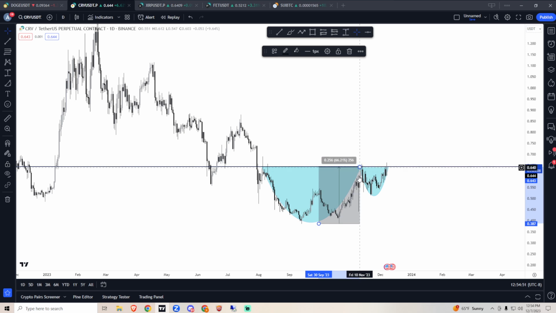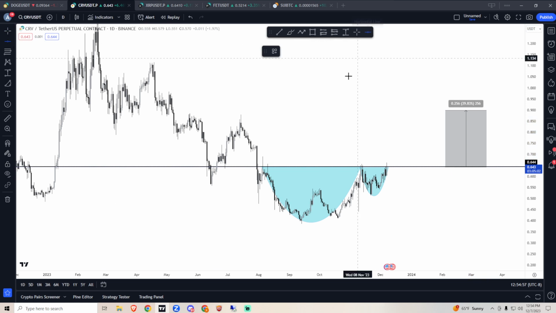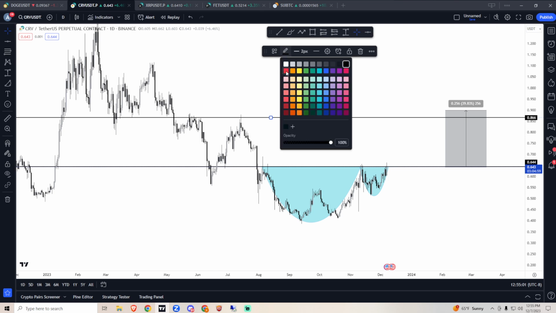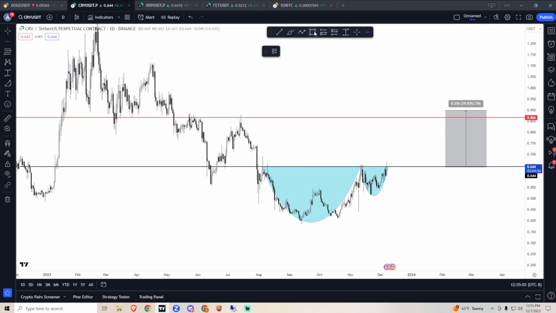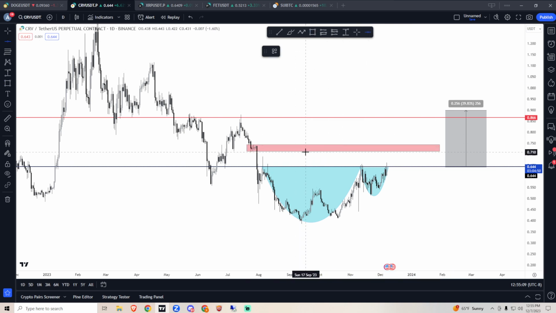Technical targets, 90 cents. Resistance. Supply zone. SR point.